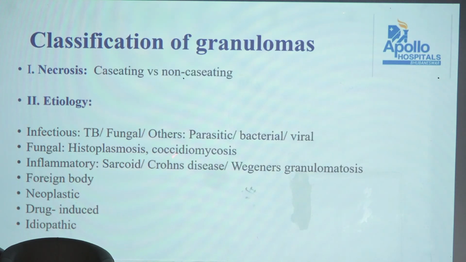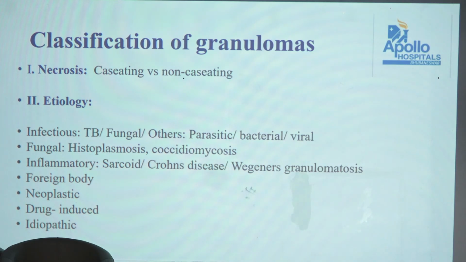A broad, brief classification, as I said, if it's based on necrosis, it's caseating versus non-caseating. Caseating necrosis is a particular type of necrosis which looks like cheese, so it's also called cheesy appearance on the gross. And according to etiology, it can be infectious, for example, tuberculosis, fungal, others.